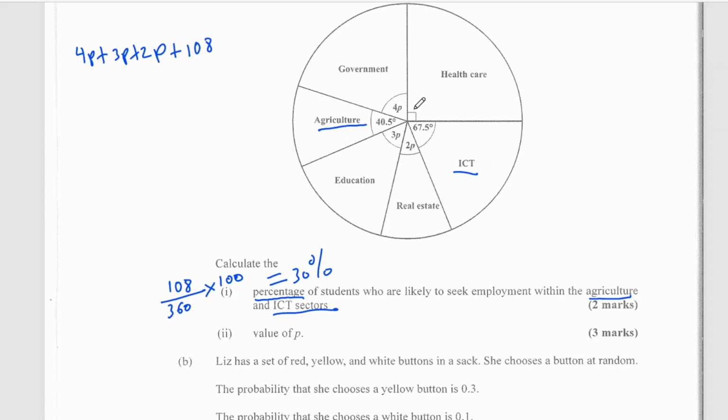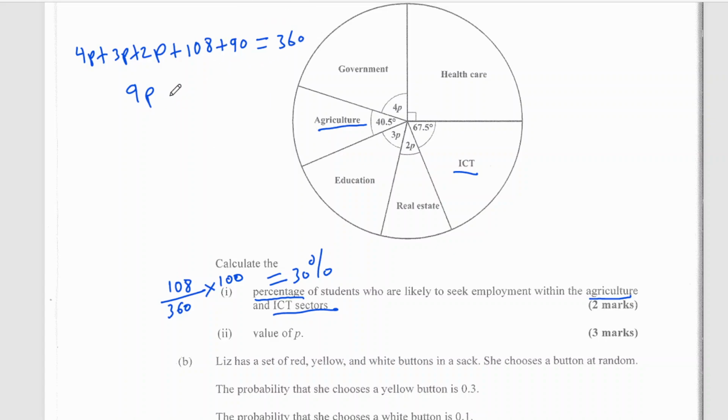And very importantly, don't forget about this one here. They didn't put the value, but they put a 90 degree angle. So make sure to add in that 90 degrees. We total up everything within the circle and equate it to 360, and then solve for P. 4 and 3, 7, 8, 9, so 9P, plus 108 plus 90, which is 198.